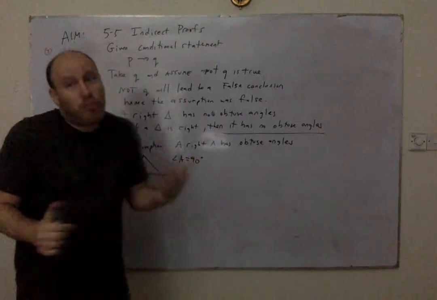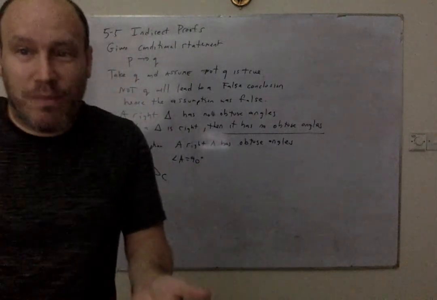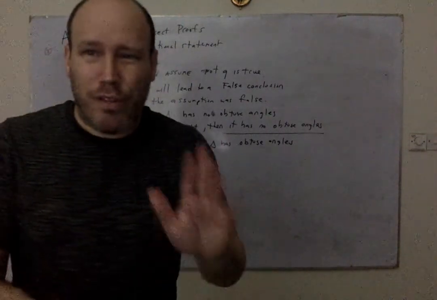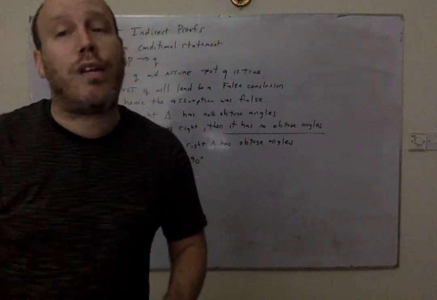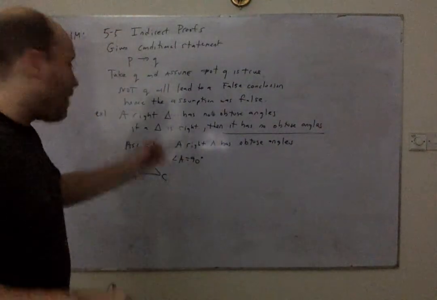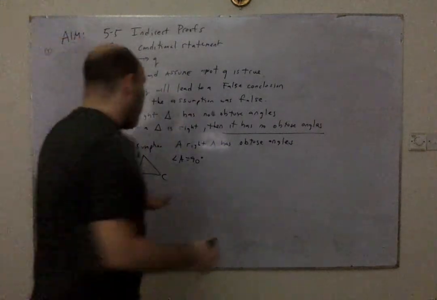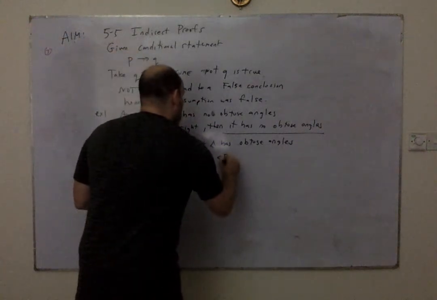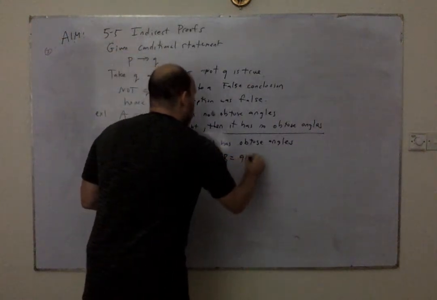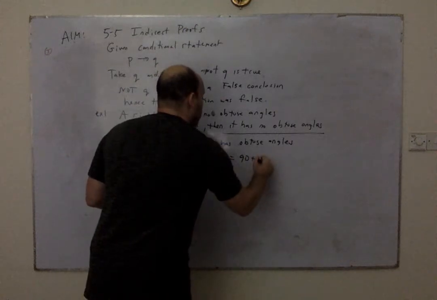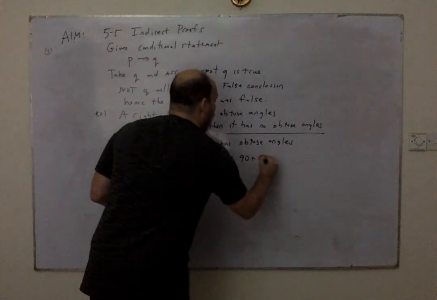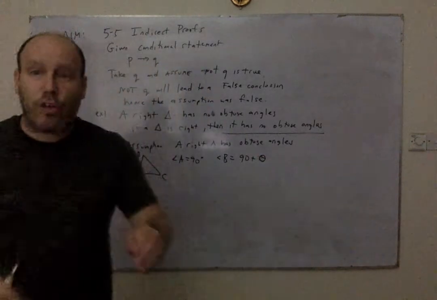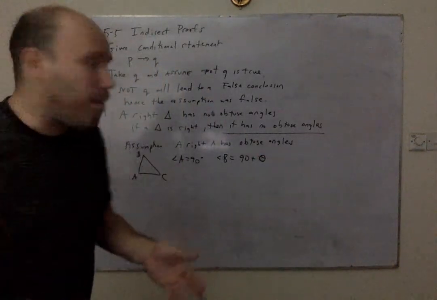Now, once again, you're saying, Mr. Elliott, that's totally false. We're going to get to a contradiction. So angle A is 90, and let's say that angle B is 90 plus some other angle. Let's call that theta, so it's greater than 90, and theta is positive.